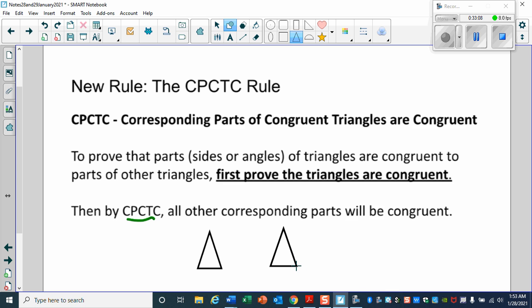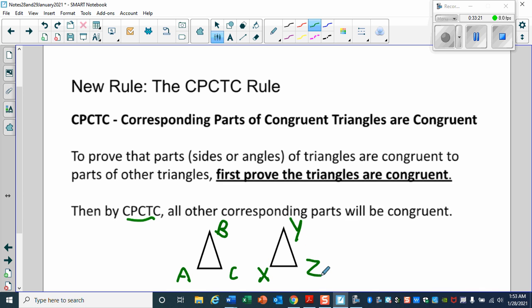Triangle 1, triangle 2, and then let's say A, B, C, X, Y, Z. So if we use any triangle proof, let's say we have X, Y, Z, A, B, C. They're congruent. ABC is congruent to XYZ.